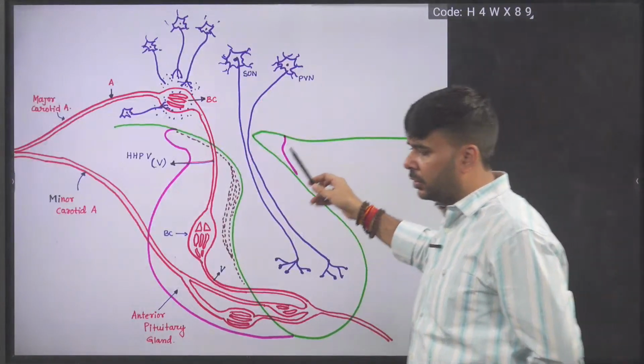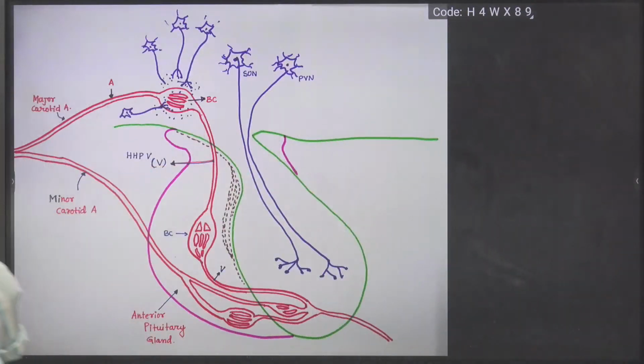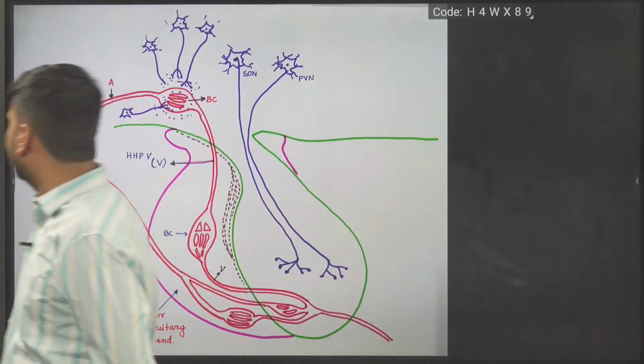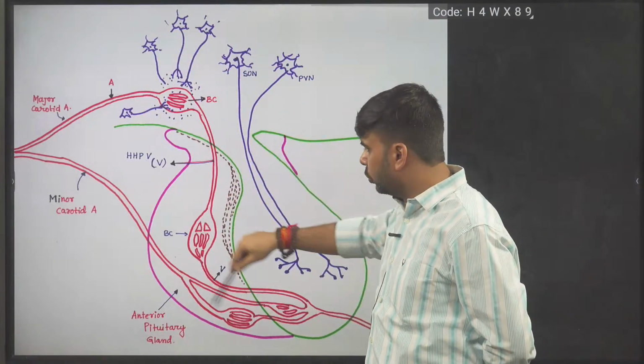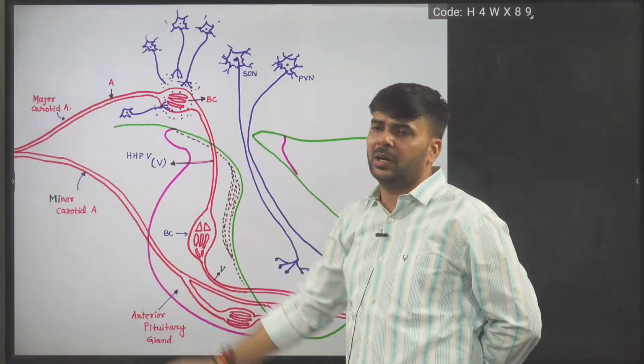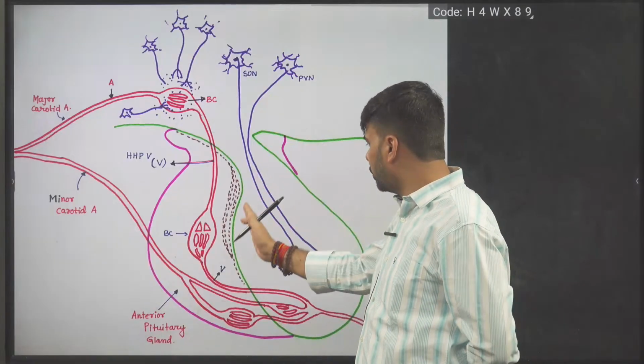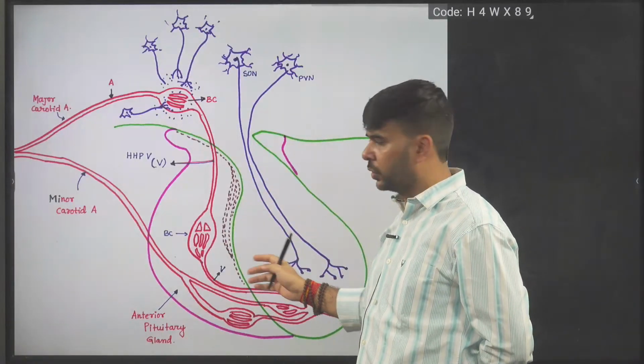Then we studied the hypothalamus and pituitary. This area is the hypothalamus, the lower part of the brain. This is the pituitary. The anterior part is the anterior pituitary. The back part is the posterior pituitary.